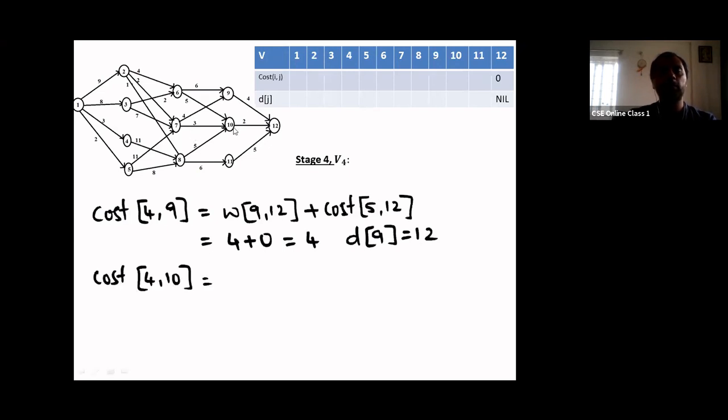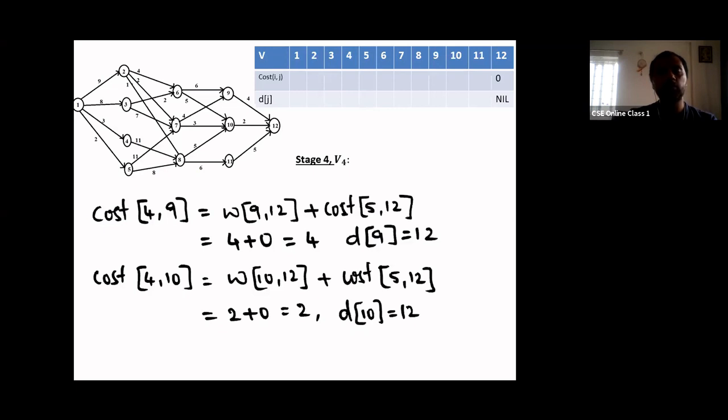Similarly, 4th stage vertex 10. Once again, it has a single outgoing edge. So it is the weight of connecting from 10 to 12 plus cost of 5th stage vertex 12, which can be given as 2 plus 0.